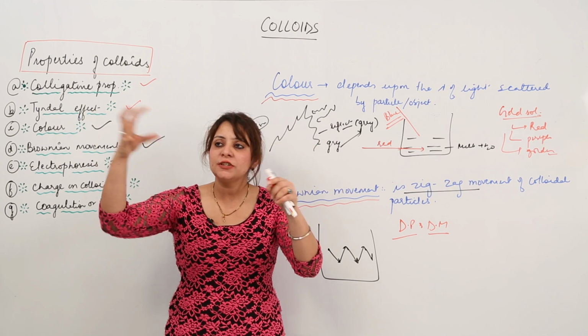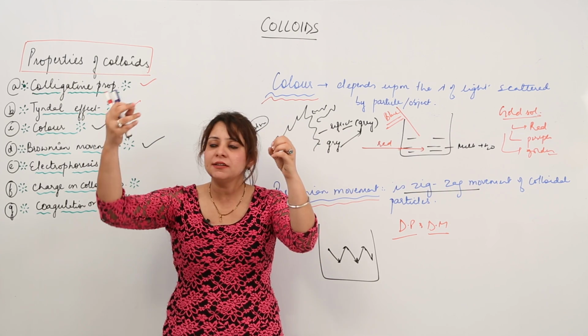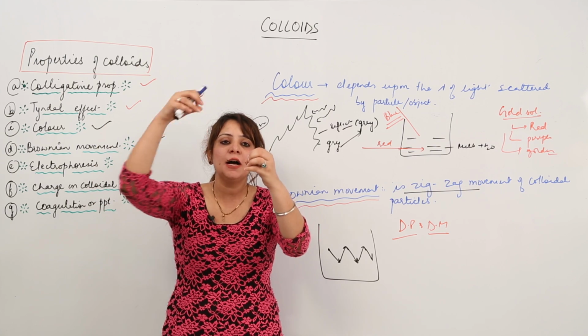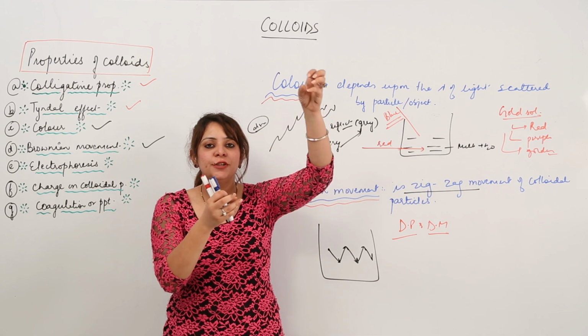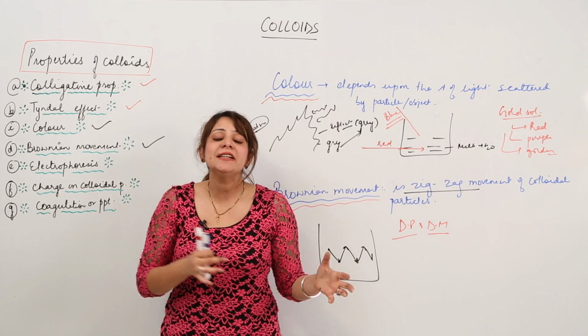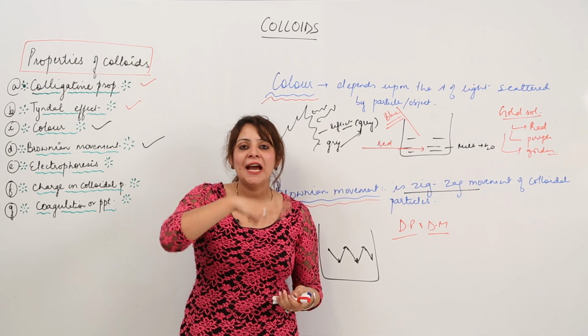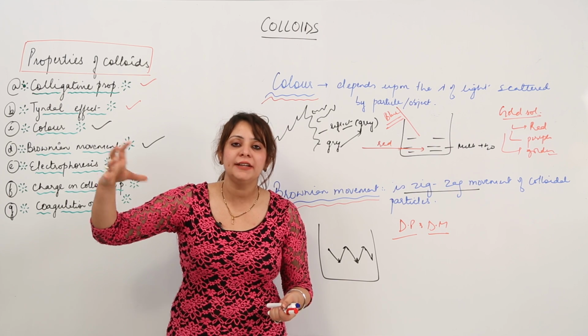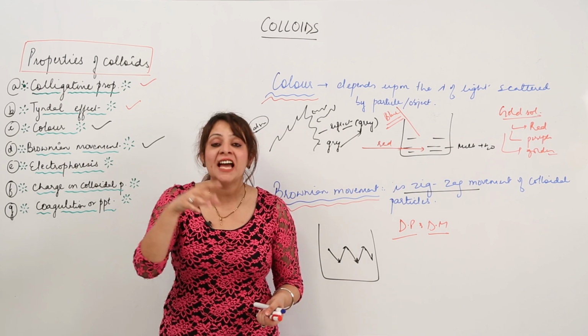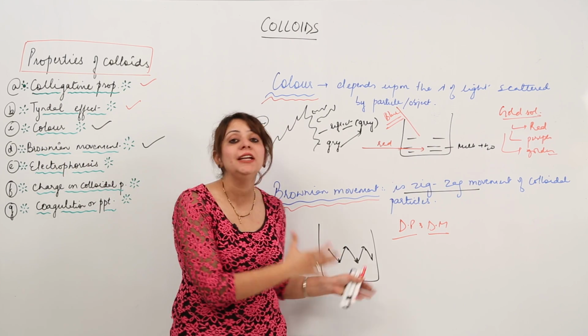When this particle comes, it strikes this one, and it gets shifted to here. So they undergo different collisions, hitting each other, and the line along which they move appears zigzag, and that is called Brownian movement.